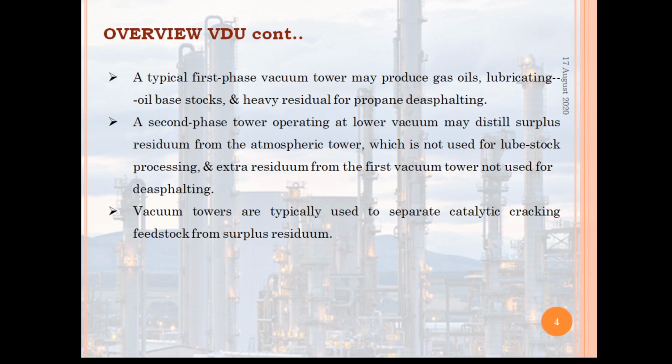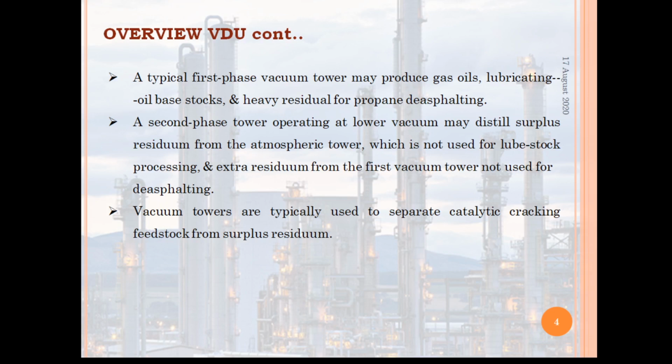And the second phase tower operates at lower vacuum, which may distill surplus residuum from the atmospheric tower which is not used for lube stock processing, and extra residuum from the first vacuum tower not used for deasphalting.